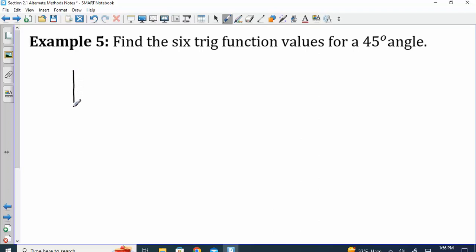So if I'm going to draw a triangle, if one angle is 45 degrees, what's the other? If I made both of these side measures, they would have to be the same because those 45s are the same. So if those were both 1, what's our hypotenuse?